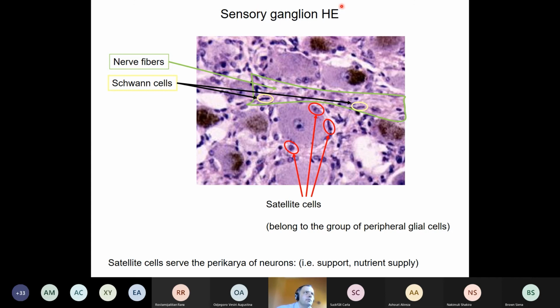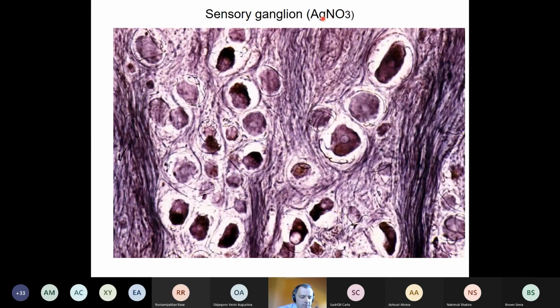So this is the hematoxylin stained preparation. But if I take the same section and I put it into silver nitrate solution, for the first view, a completely different picture appears. Some stronger shrinkage of the cells will occur, but as a result, you can see the nerve fibers much more efficiently.